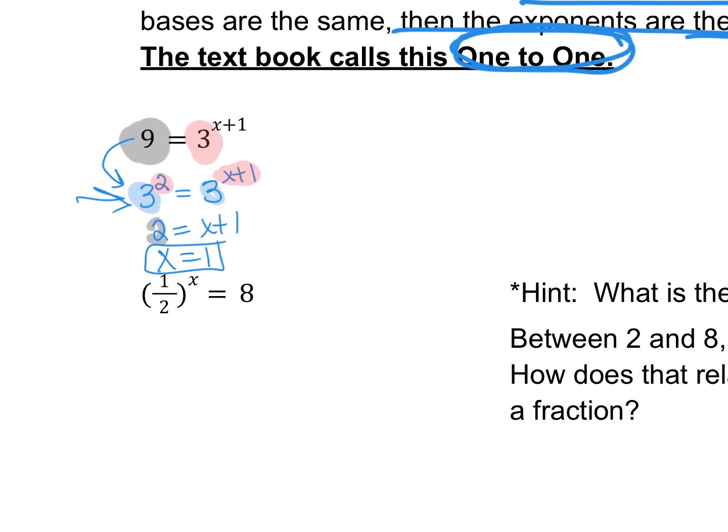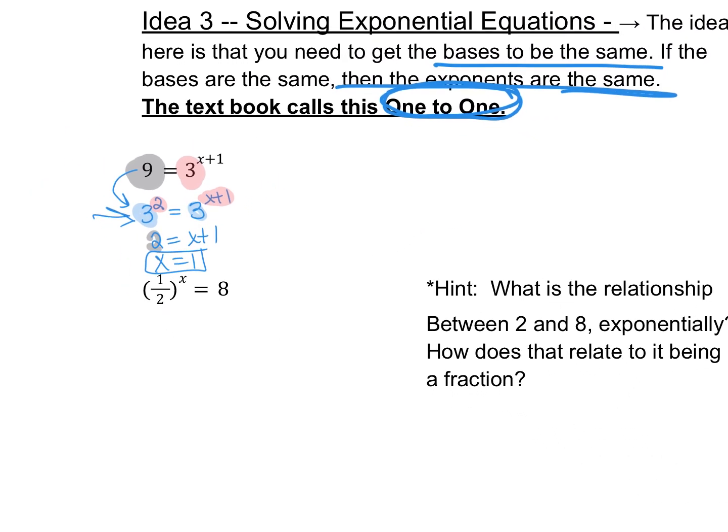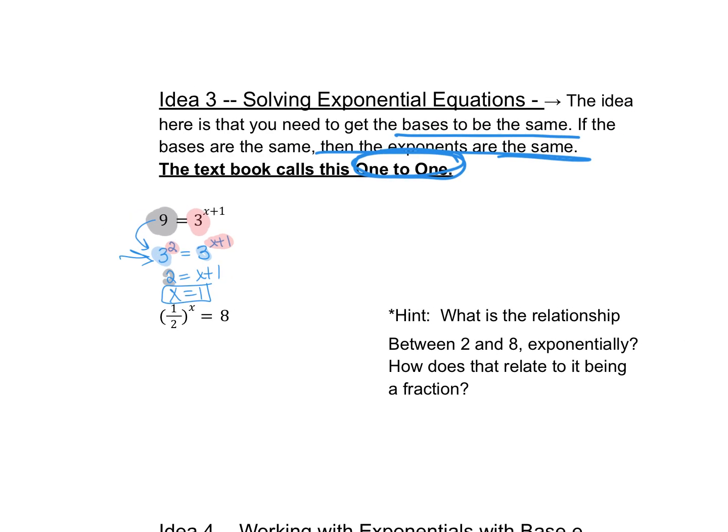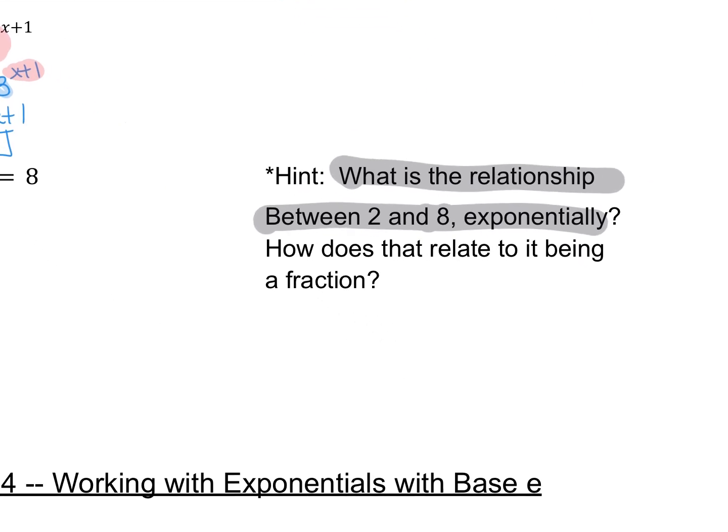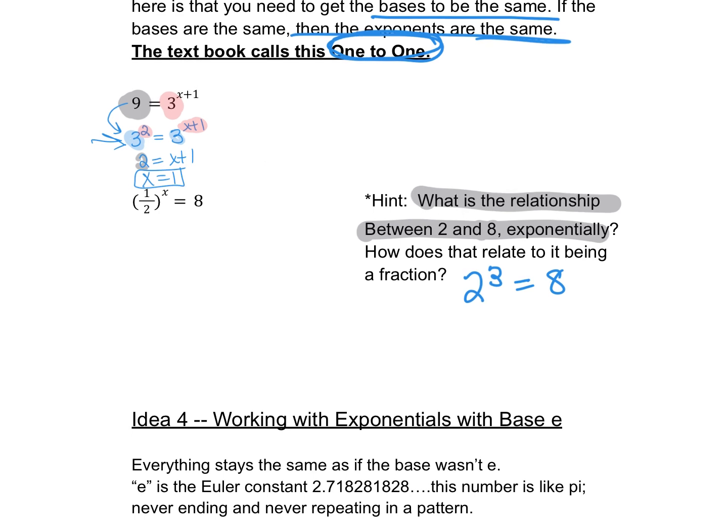Okay, the next one is we've got a half and we've got 8. So I gave you a little hint over here. I said, what is the relationship between 2 and 8 exponentially? If we think about that, 2 to the third power is 8, right? But we don't want 2, we want 1/2. So thinking back to our exponent rules, if I have 2 to the negative first, that's the same as 1/2.